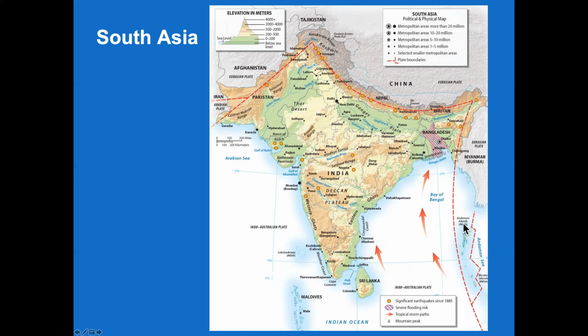This region here, the Andaman Islands, which belong to India, home to the most deadly tsunami in world history, at least modern world history, back in 2004, when over 280,000 people died during that tsunami, which affected India, it affected Sri Lanka, it affected Thailand, it affected Myanmar, it affected the Maldives, it affected Africa, all kinds of places.